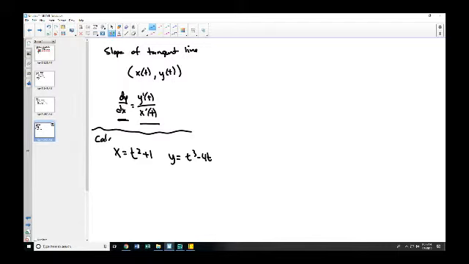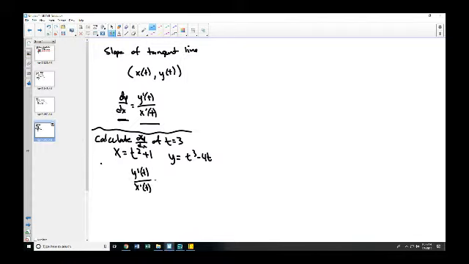So let's calculate dy/dx at t equals 3. Would you use the division rule in derivatives? So what's dy/dx? 3t squared minus 4 over x prime, right?